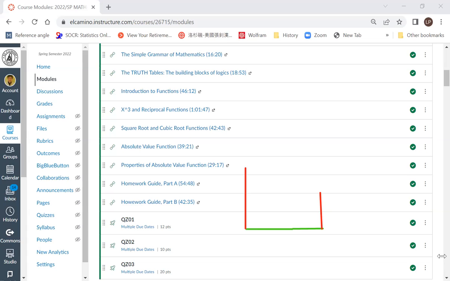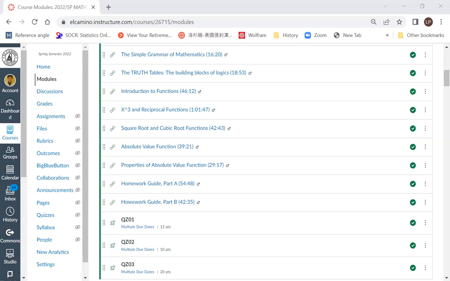The absolute value of -3 is 3, and 3 is the opposite of -3. And of course, 3 is also the negative of -3. So we have gone over that. That's the recap for absolute value.